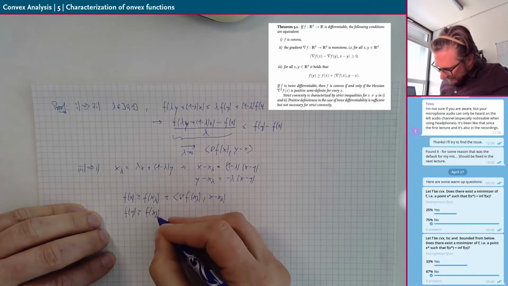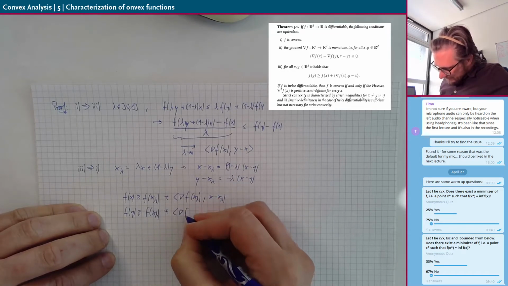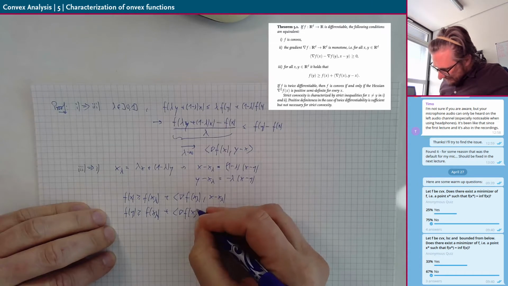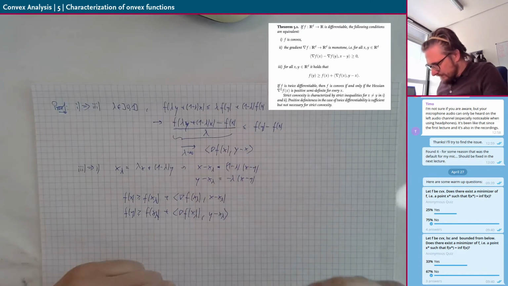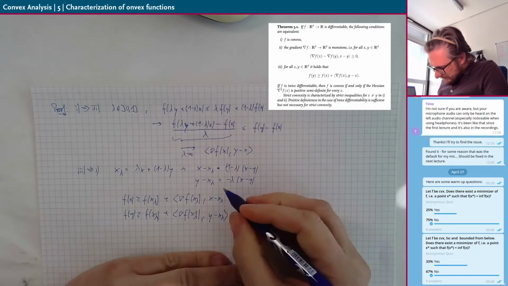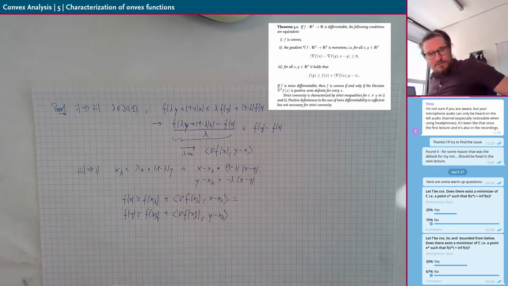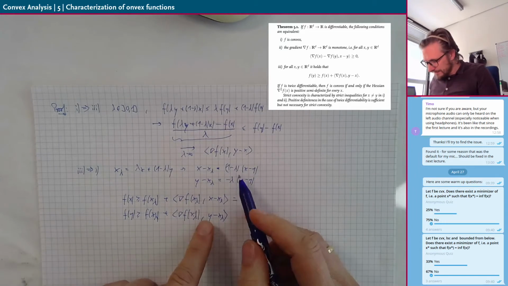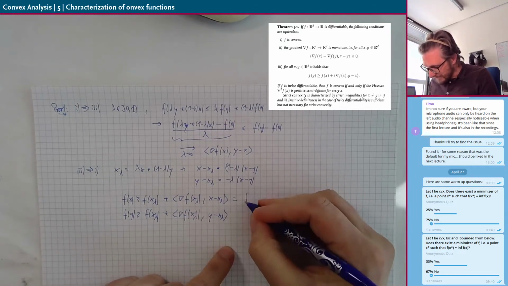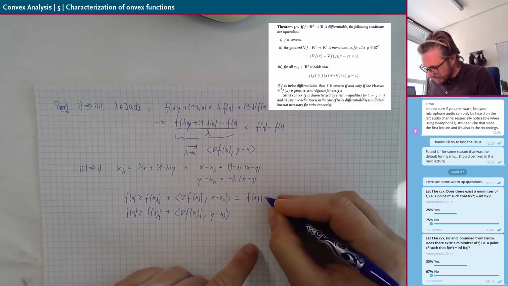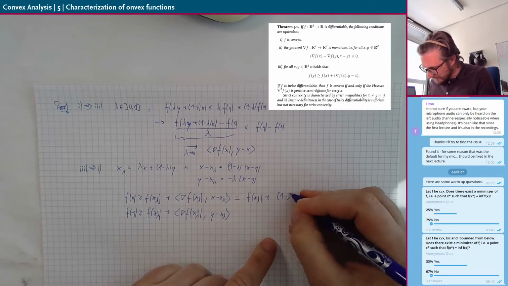but also with x lambda over here, and get gradient of f of x lambda times y minus x lambda. Oh, here we should have an angle like that, the inner product. And now we evaluate, or we plug in this term here and this term over there, and we end up with f of x lambda plus 1 minus lambda.